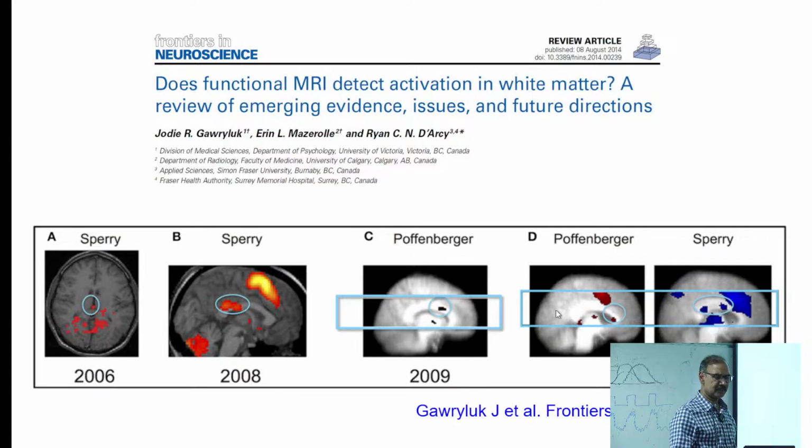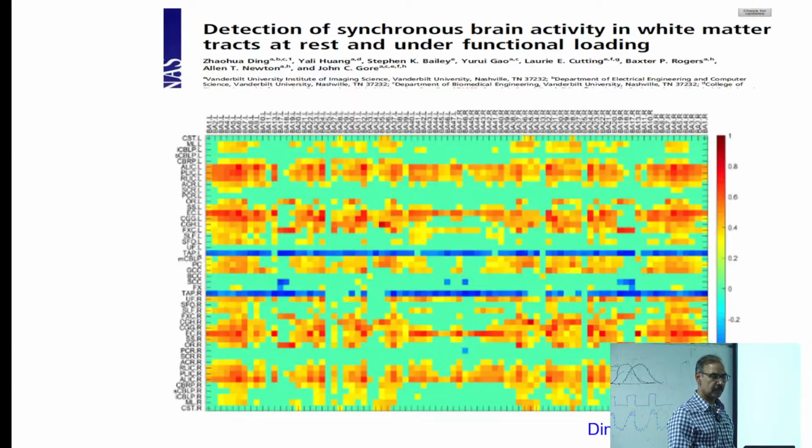There was another study by John Gore, a very famous physicist, where they did diffusion and then changed the task load, right? One was a little easy, the other one was harder.